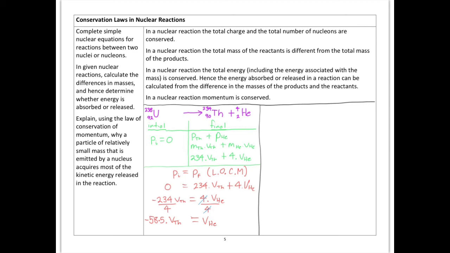Which is where we're going to go next. So we know kinetic energy equals half mv squared. So if we work out the relative kinetic energy of the thorium, it will be equal to a half times the mass of the thorium times the velocity of the thorium squared, and the kinetic energy of the helium will be equal to a half times the mass of helium times the velocity of helium squared.